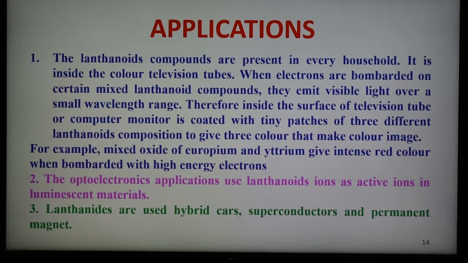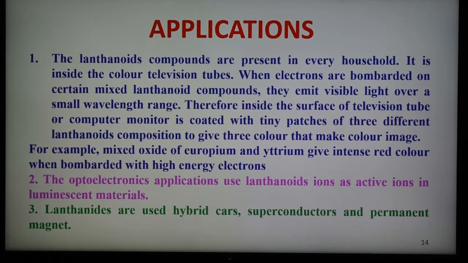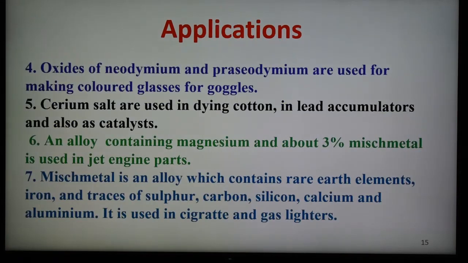Next, lanthanides are also used in hybrid cars, superconductors and permanent magnets, and there are some more applications. Oxides of neodymium and praseodymium are used for making colored glasses for goggles, and certain salts are used in dyeing cotton, in lead accumulators, and as catalysts.